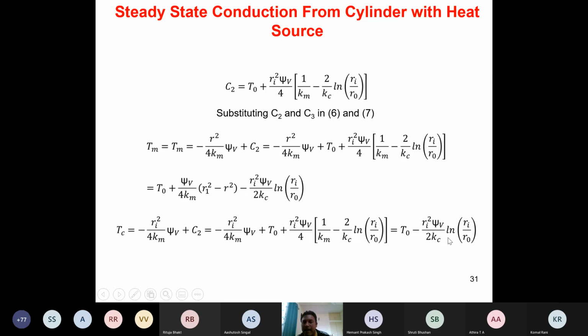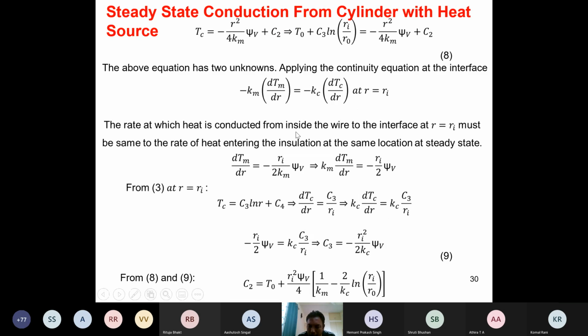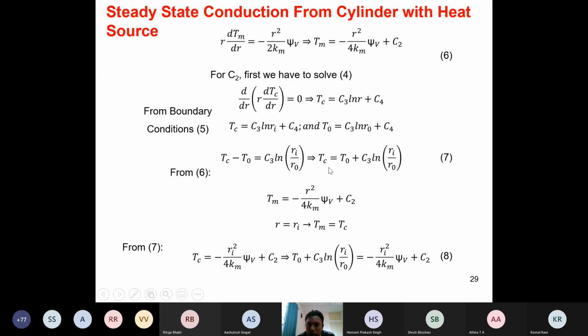Okay. So this is exactly at the boundary. This temperature is exactly at the boundary, but we can find out the distribution if this is not exactly at the boundary. We can have the distribution in between Ri to R naught also. This TC is calculated exactly at the boundary R equals to Ri. But if R is not equal to Ri, you can still calculate, and that you can directly obtain by putting, I can go back, remember here we have put the C2, but if you put C3 and C4 in this particular equation, then you will get the distribution for TC.